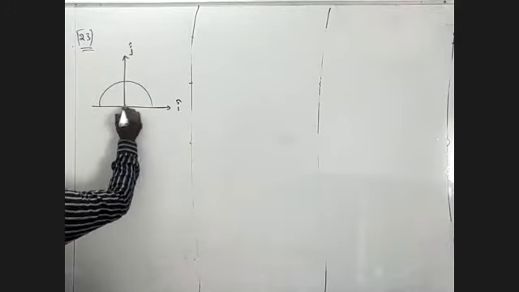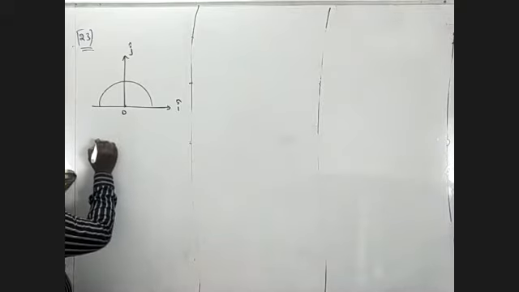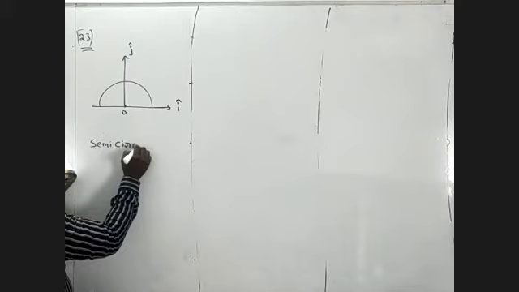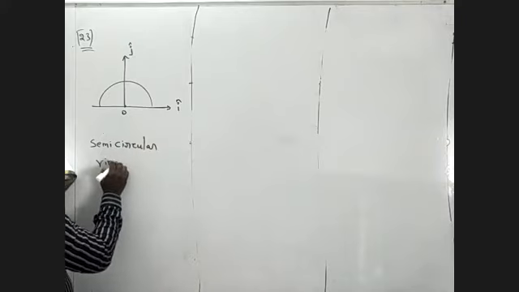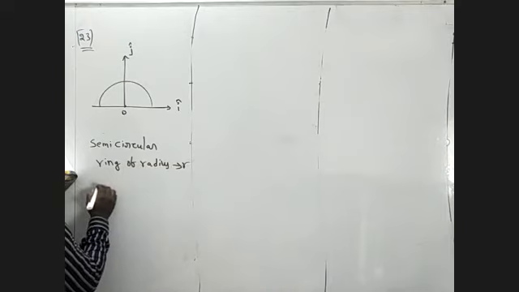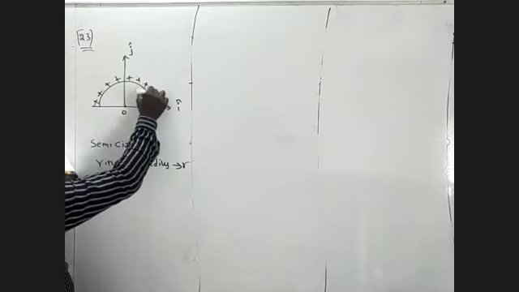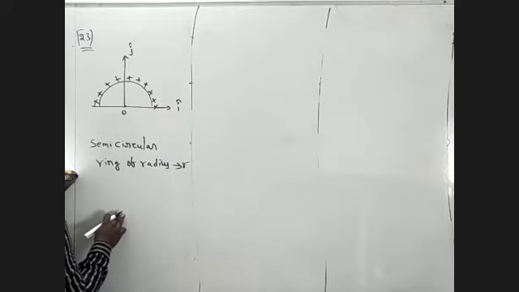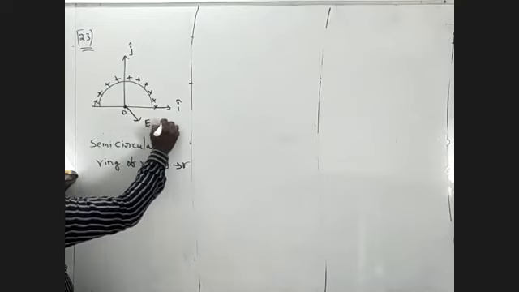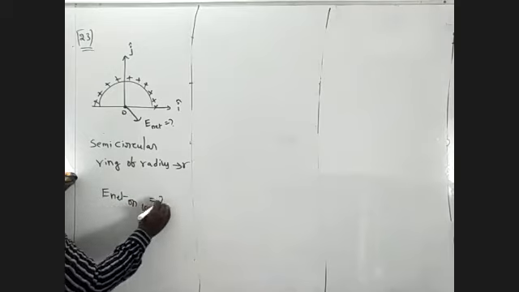A semicircular ring of radius R has positive charges distributed uniformly. Here we have to find out E net at the point marked with the question mark.